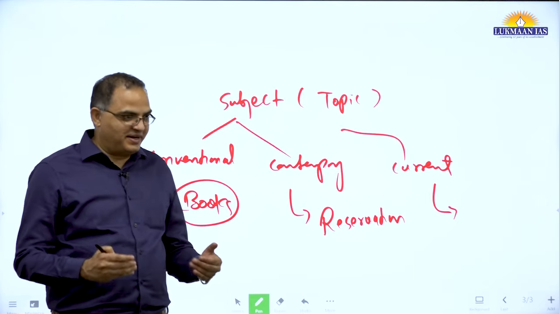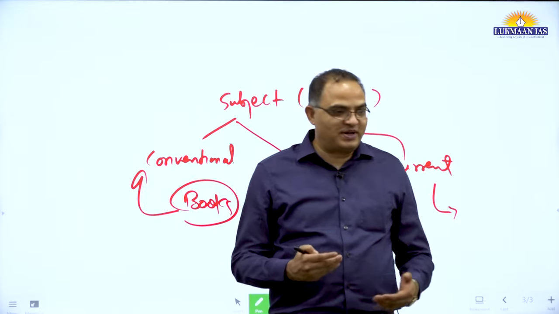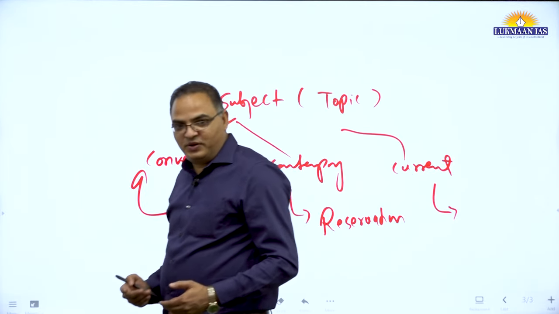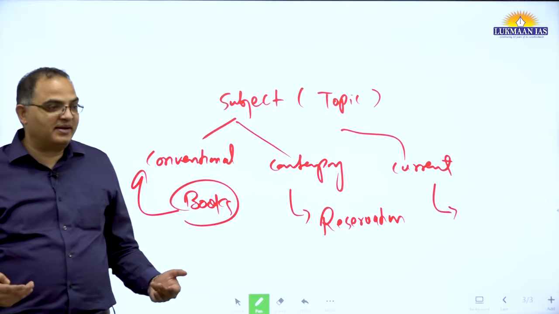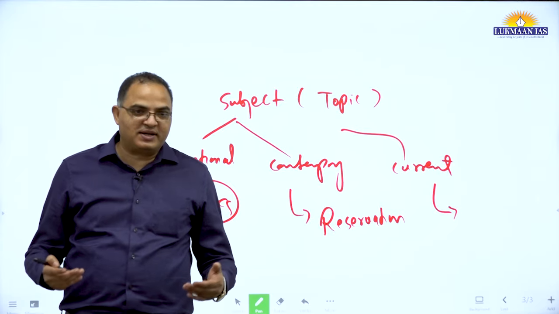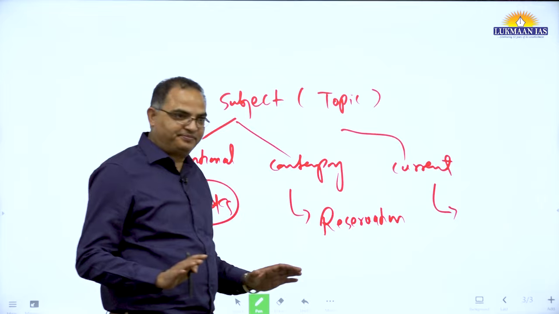And IR is completely dynamic, isn't it? You know conventional IR through current IR. If Quad has come in the news, then you will try to know what is Quad. Or if SAARC has come in the news, you will try to know what is SAARC. This way. Are you able to understand?